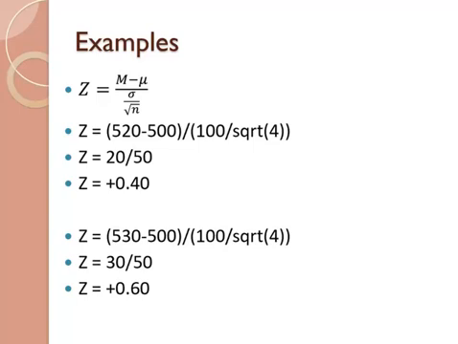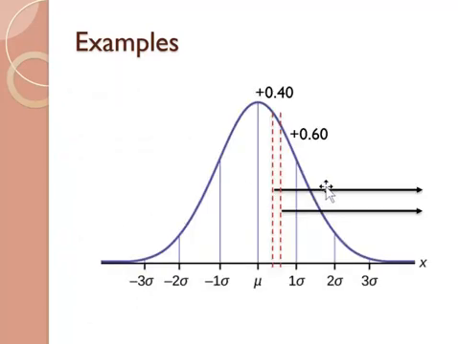So 520 minus 500 divided by the standard error of the mean, which is 100 divided by the square root of 4, is going to give us a z-score of plus 0.40, whereas the z-score for a mean of 530 is going to give us a z-score of plus 0.60. And now when we plot these, remember what we're asking is what is the proportion in the range here.